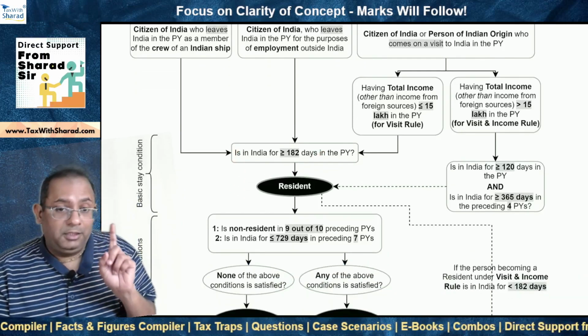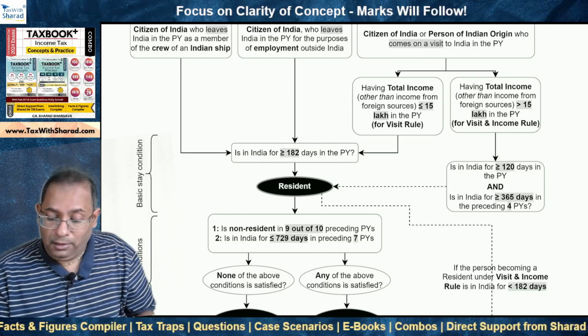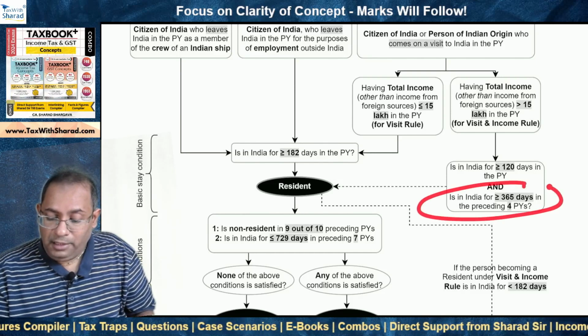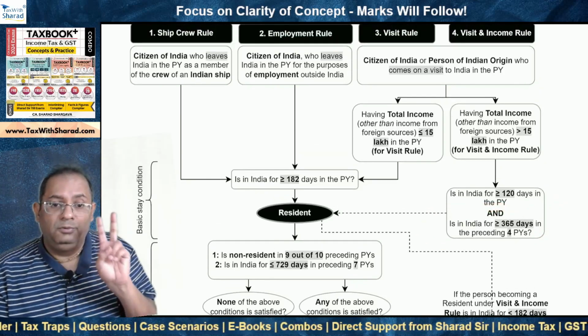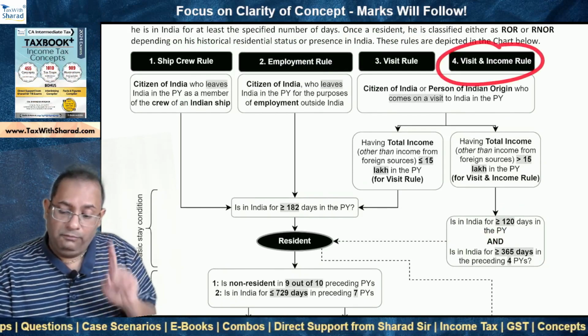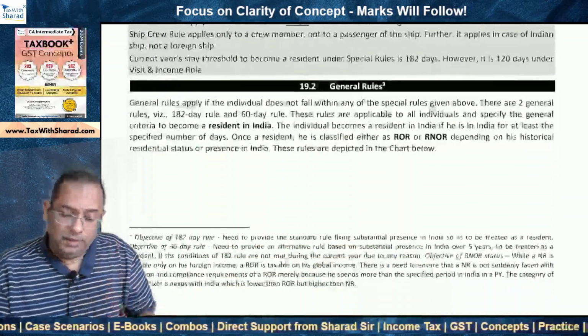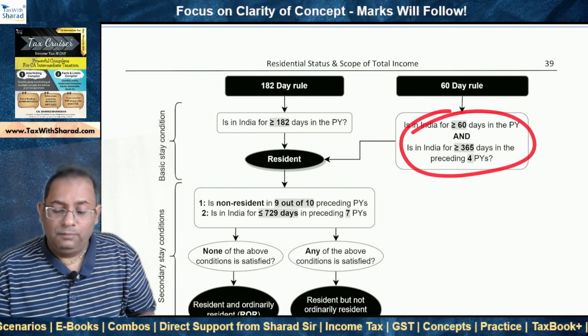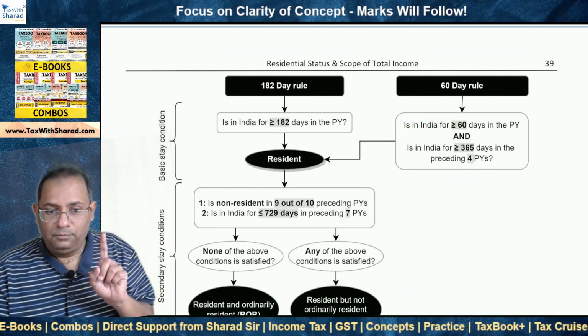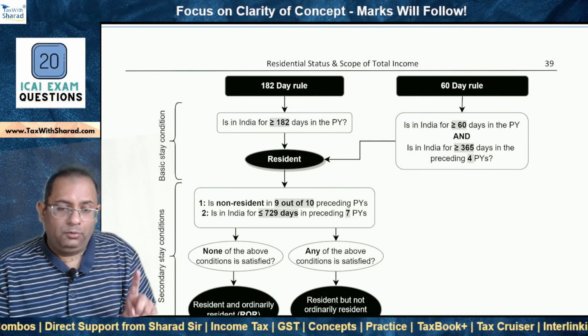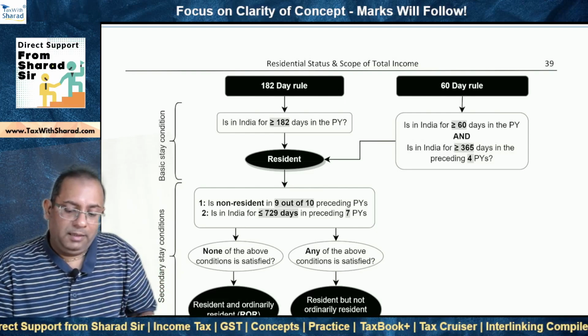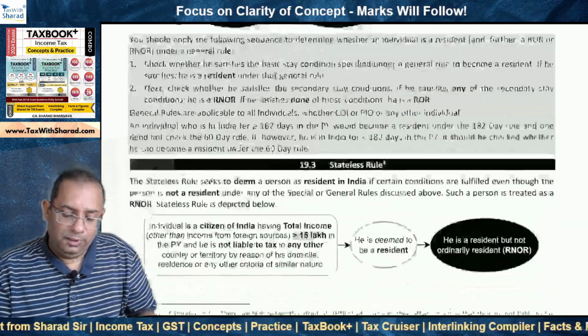The additional condition under the basic stay condition to become a resident, of being 365 days or more in the preceding 4 years, applies only in the case of two rules. One, visit and income rule, and second, as we discussed, the 60-day rule. Only these two rules. Okay. In all other rules, the basic stay condition is 182 days or more in the previous year.